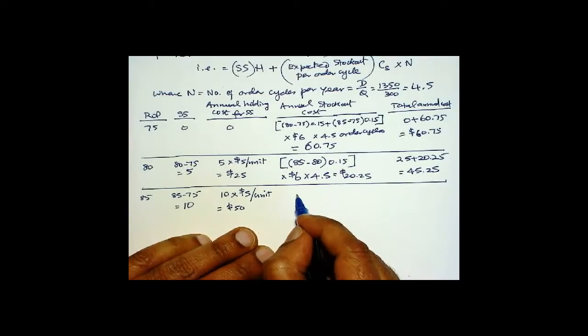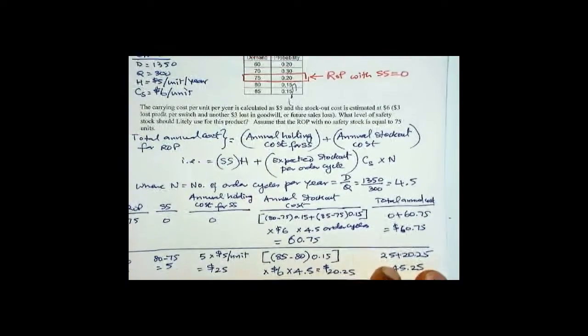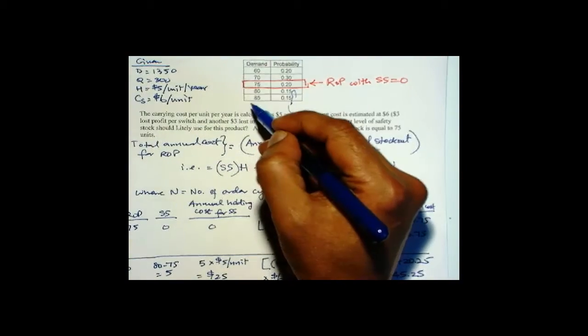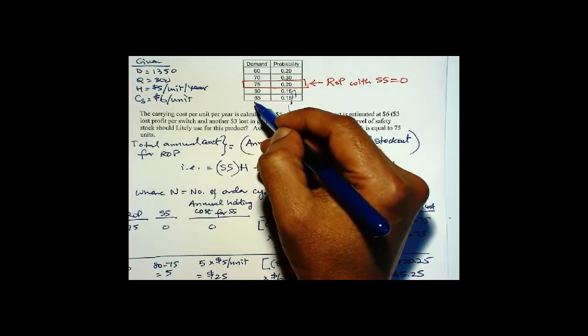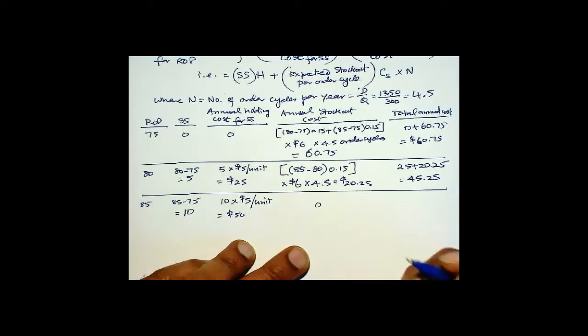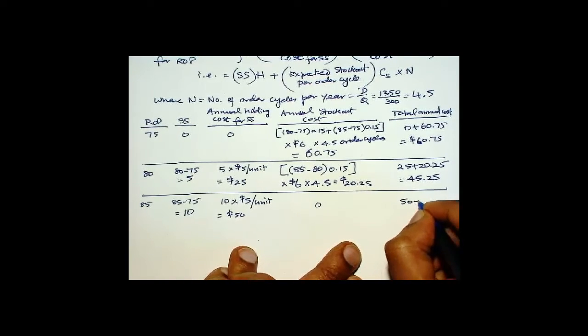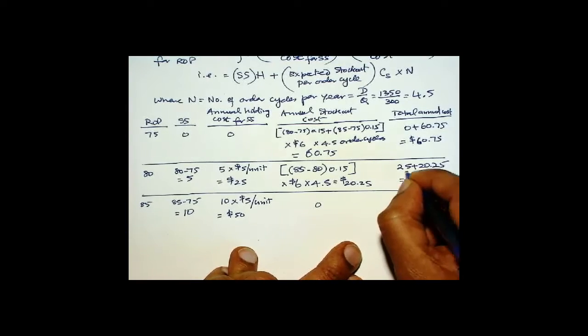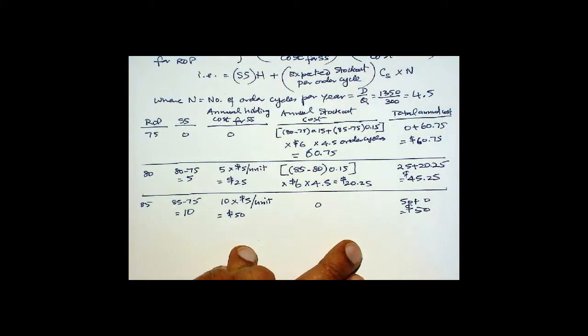Now there won't be any stock out at all because we have set the ROP at 85, so the demand can never exceed 85. Stock out cost is 0, so your total cost is 50 plus 0, which is $50.